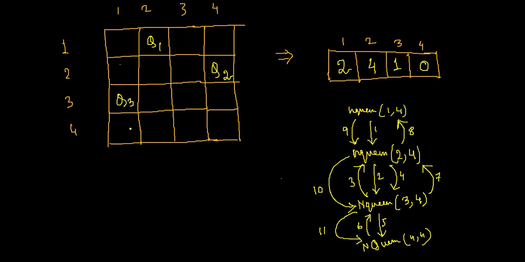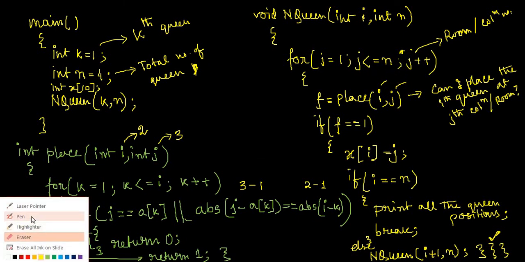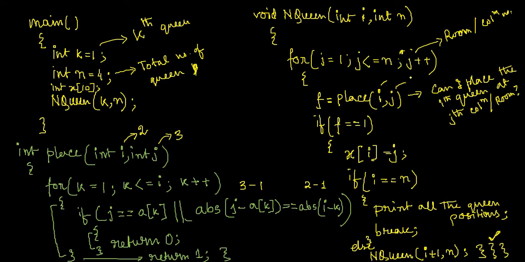So for the first position, not possible because of this one. For the second position, not possible because of diagonal. For the third position, yes, the third position will be possible. So for j equal to 3, and for the fourth queen, this 4, 3, this place function will return true.